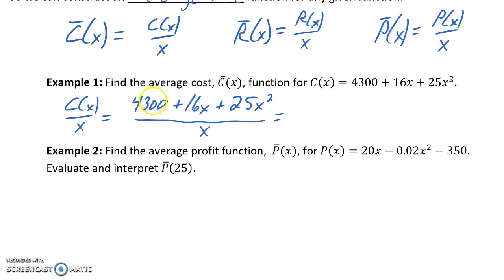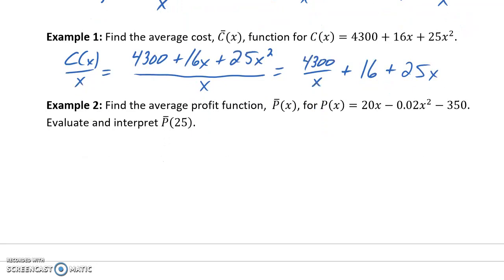So we could break this up so we would have 4,300 over x, 16x over x, but 16x over x would reduce to just 16, and 25x squared over x would reduce to just 25x. So in this case, just two different ways of representing the same solution.